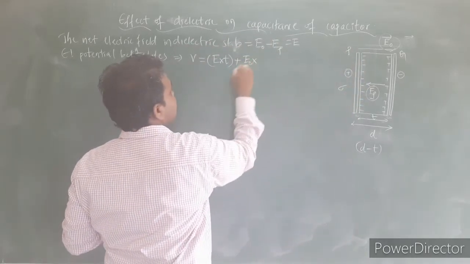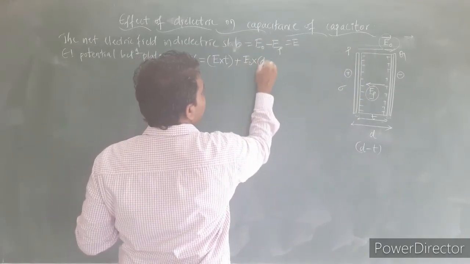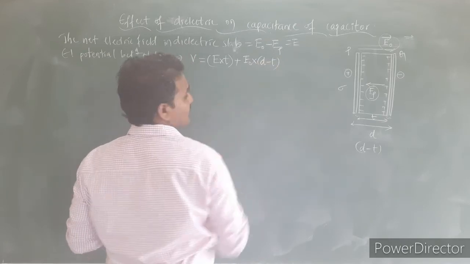So, I can write E naught into that gap, which is d minus t.